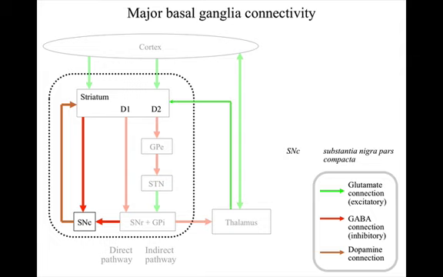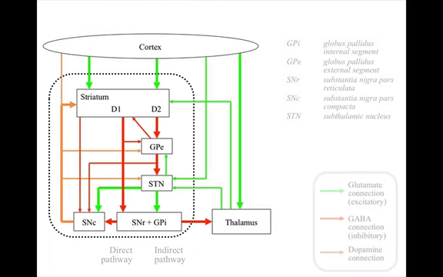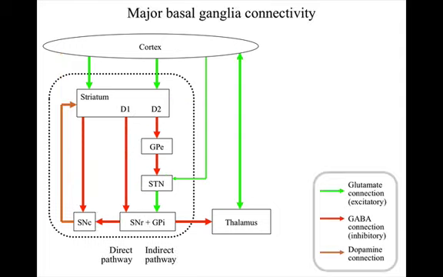Once again, the picture is a bit more complex because there's also excitatory connectivity from the thalamus back to the striatum. And in fact, there are quite a few connection paths between different nuclei that I'll address a little bit more later in the course. But on the other hand, this simplification represents a good way to approach functional understanding.